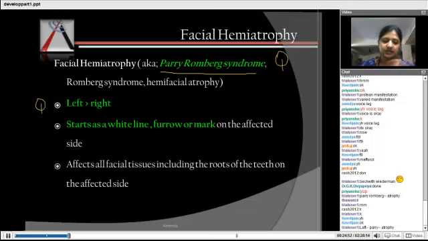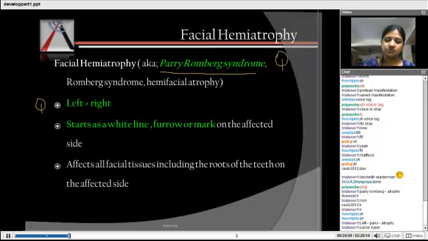Here left is greater than right. You'll see that in atrophy the initial lesion is going to be a white line or a furrow on the affected side. All facial tissues, including the roots of the teeth on the same side, will also be affected. So you will actually have small teeth in these people on the affected side. Clear so far? Any doubts?